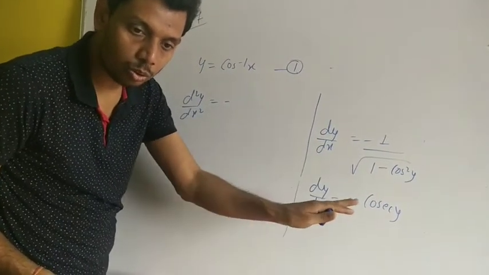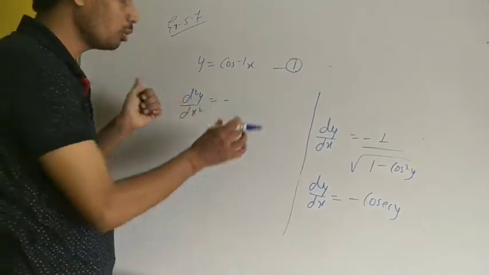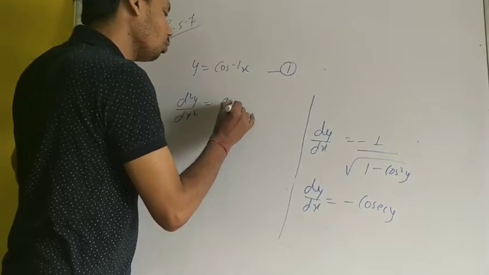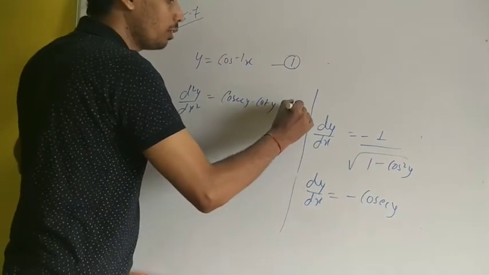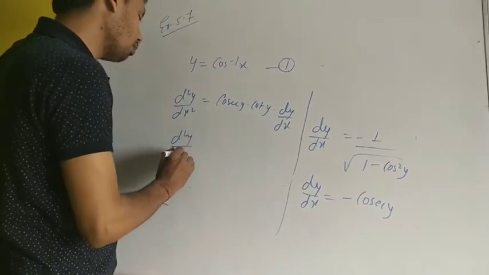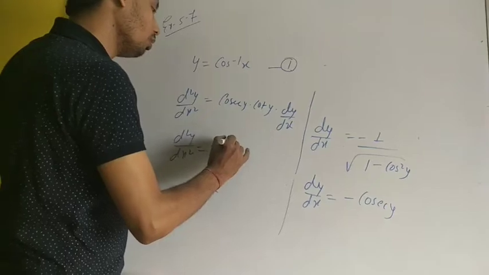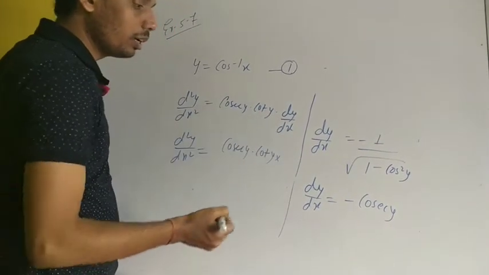Minus cosec y into cot y. One minus is already here, so minus into minus will be equal to plus. So here cosec y into cot y, and the differentiation of y with respect to x, dy by dx.